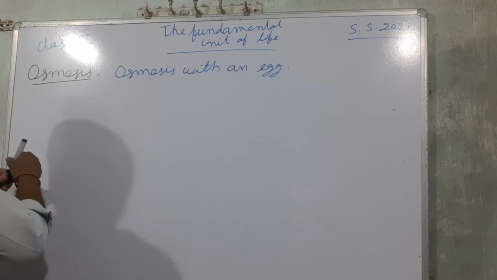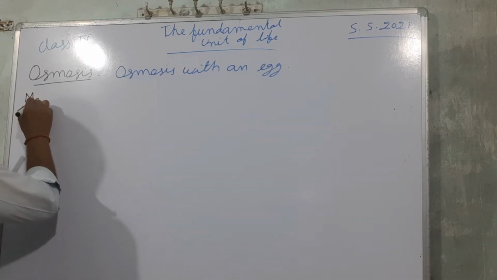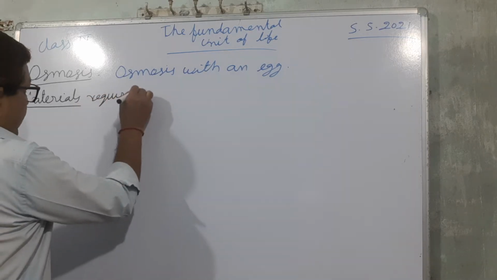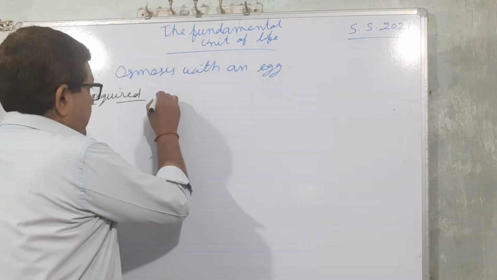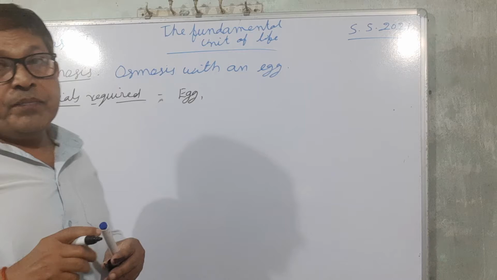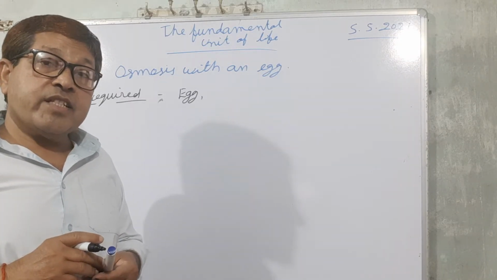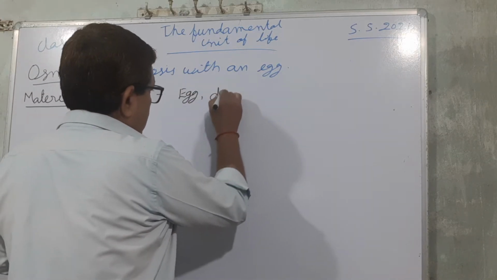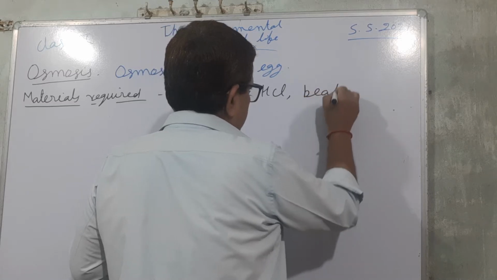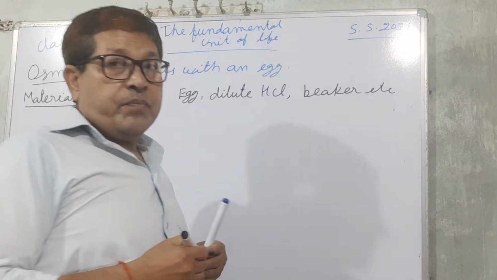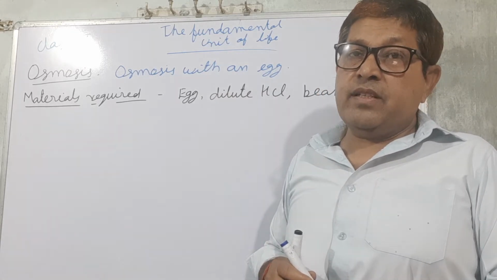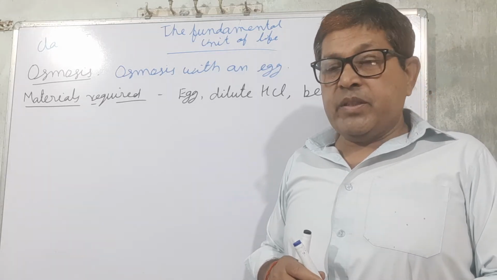Materials required: an egg, dilute HCl, a beaker, etc. These things are needed for the demonstration of osmosis with an egg. What method? What do you have to do?